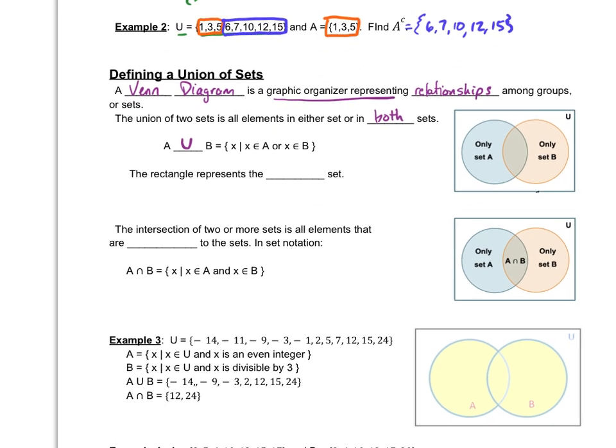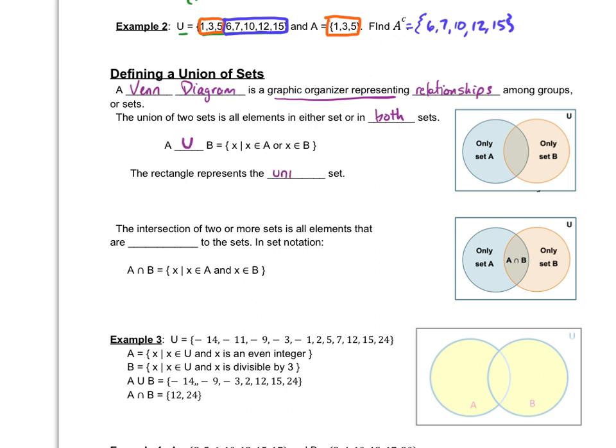So the rectangle represents our universal set, and the intersection of two or more sets is all elements that are common, right? Because these are things that occur in both sets.